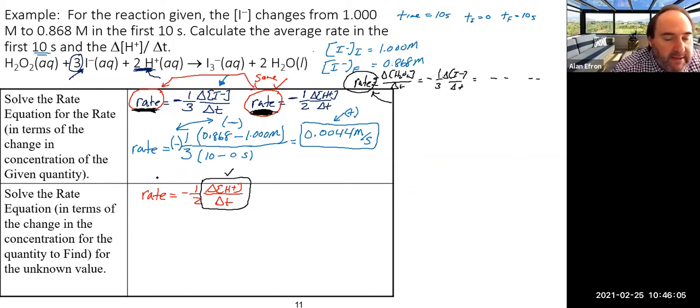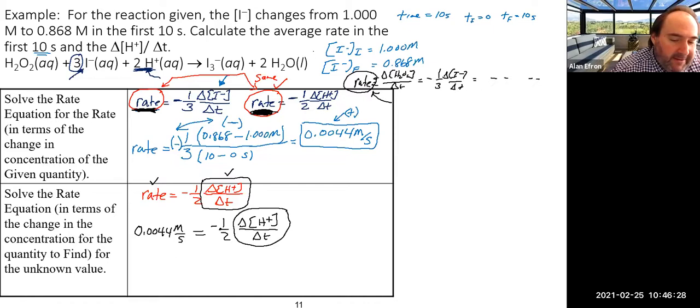From the previous step, we calculated the 0.0044, which is our rate. So basically, if we put that in there, we got 0.0044 molar per second is equal to -1/2 the change in the concentration of H plus over the change in time, which is this part here. And this is the important part as well. To get the 2 to the other side, you need to multiply the 2 to the other side, just like we would do it here.